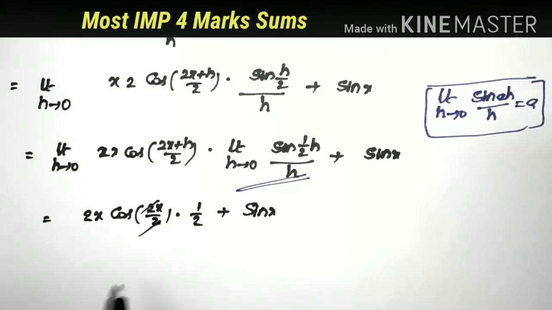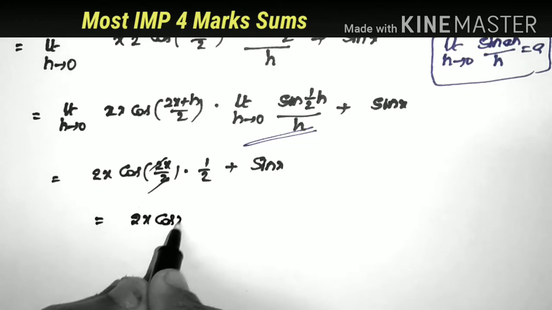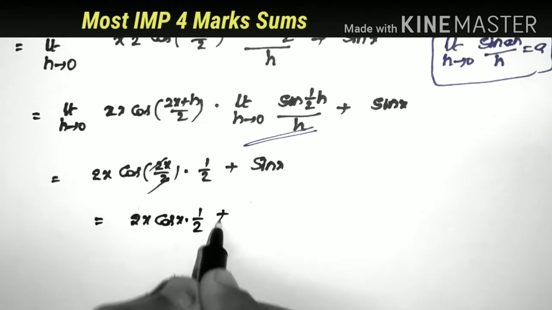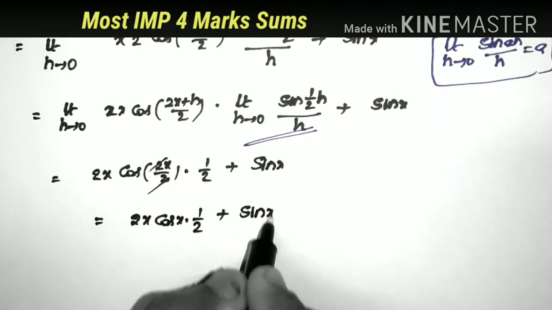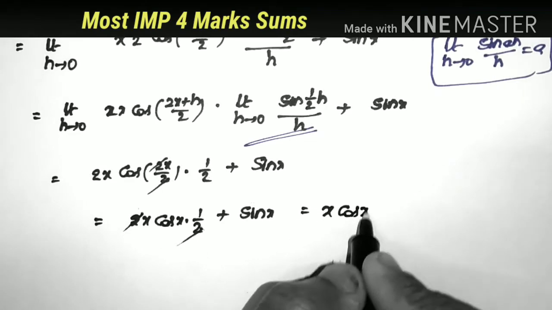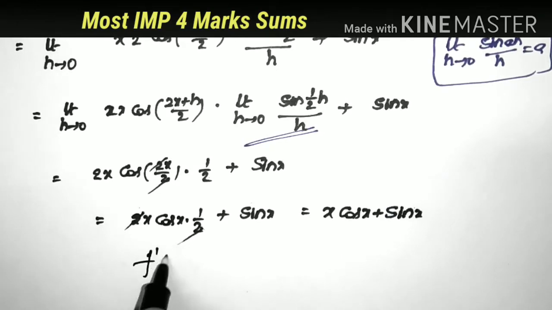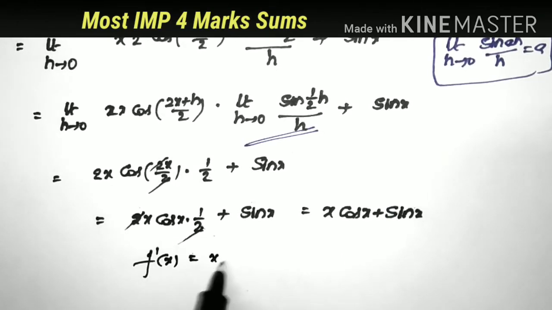So here 2 and 2 get cancelled. So this is equal to 2x cos x into 1 by 2 plus sin x. Again here 2 and 2 get cancelled. So the answer is equal to x cos x plus sin x. So this is the derivative value. Therefore f dash of x is equal to x cos x plus sin x.